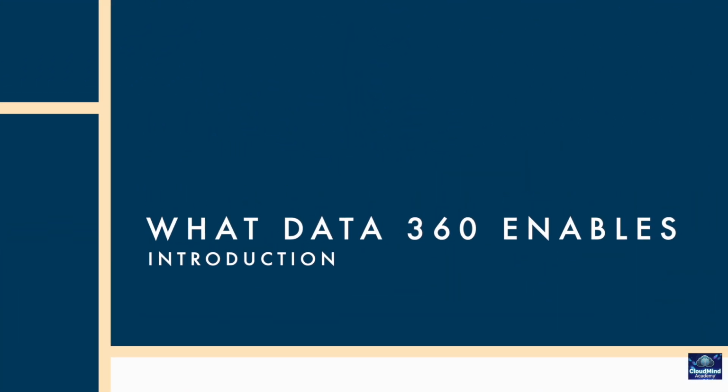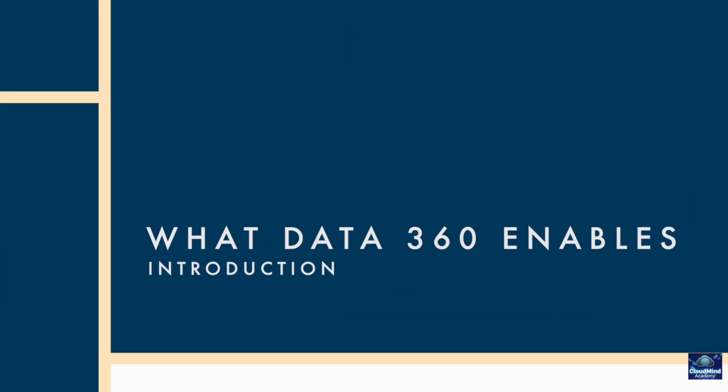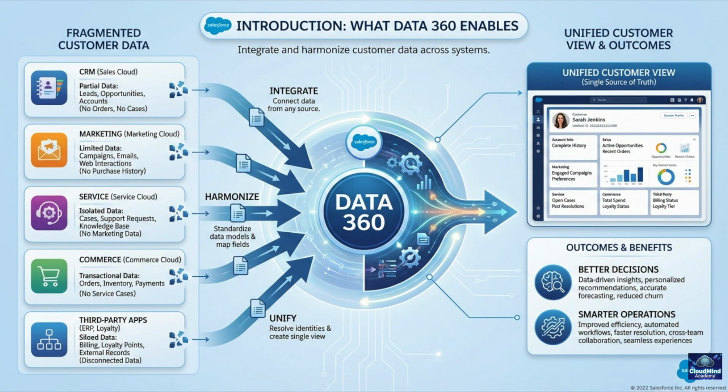Introduction. What Data 360 enables. Data 360 is designed to integrate and harmonize data from multiple systems so organizations can make better decisions and operate more effectively. Most businesses store customer data across different platforms, such as CRM systems, marketing platforms, service tools, commerce systems, and third-party applications.